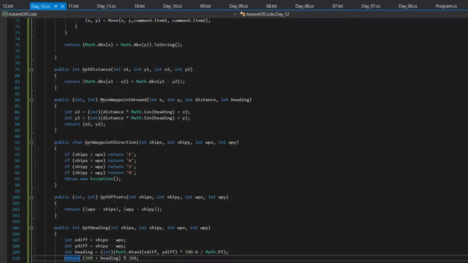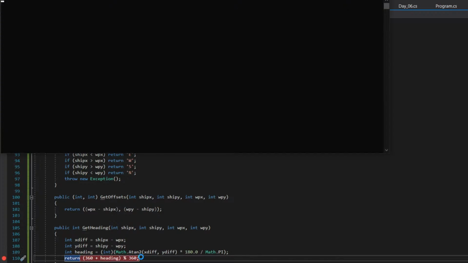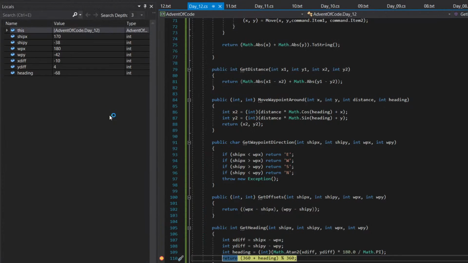Now, what did I get before? I got a heading of negative 68. Now, what is that? Is that negative 68 from north? Negative 68.